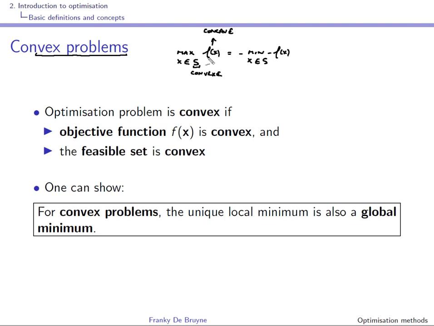If f of x is concave, minus f of x will be convex. So this problem is convex, and therefore this one is also considered to be a convex optimization problem.